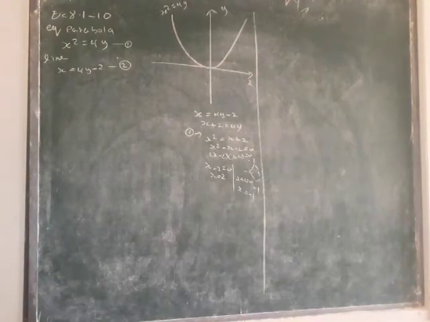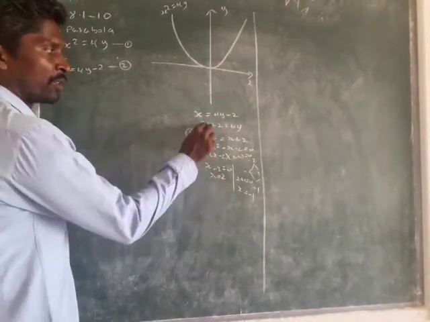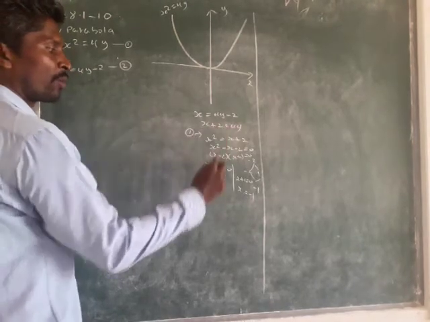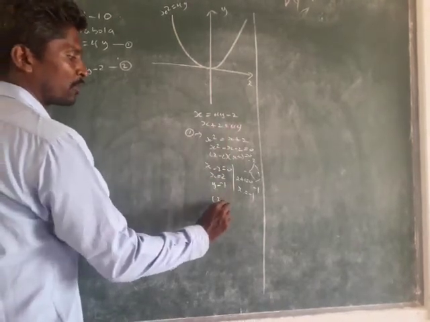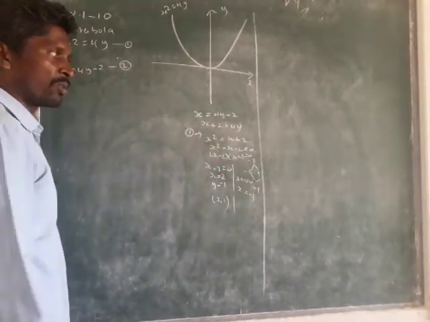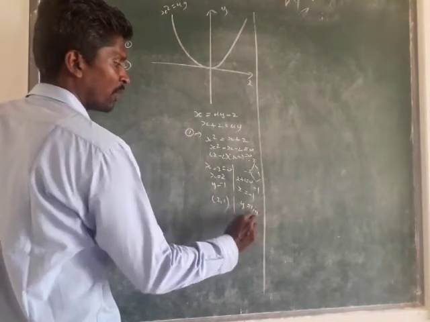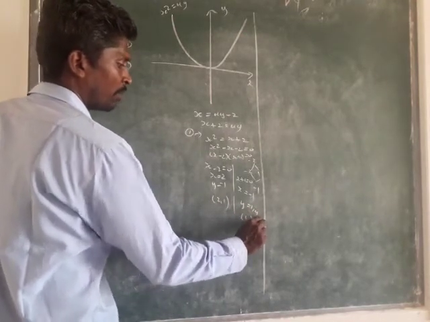When x equal to 2, what is y? Here 4y equal to x plus 2, so substitute: 2 plus 2 is 4, divided by 4, y becomes 1. So the point is (2, 1). When x equal to minus 1, we have minus 1 plus 2 is 1, divided by 4, so y equal to 1 by 4. So the point is (minus 1, 1 by 4).